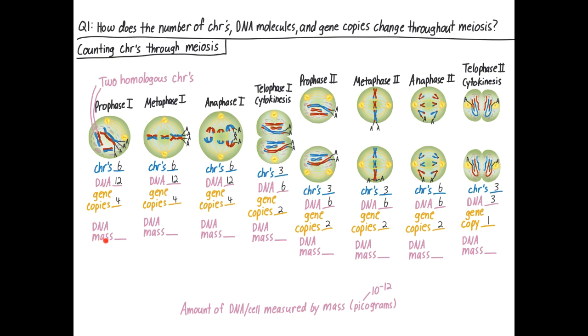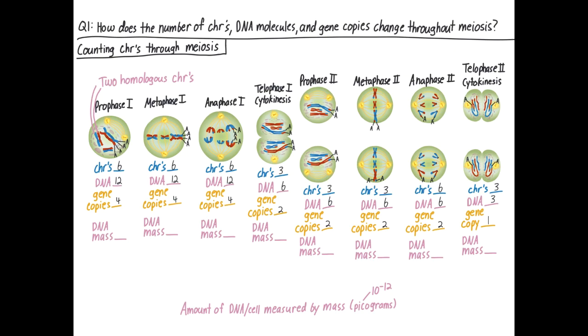The mass of DNA in a cell is proportional to the number of DNA molecules in that cell. So if you know the mass of DNA in one phase, like G1, you can determine the mass of DNA in the other phases by knowing how the number of DNA molecules changes throughout the cell cycle and through the phases of either mitosis or meiosis.